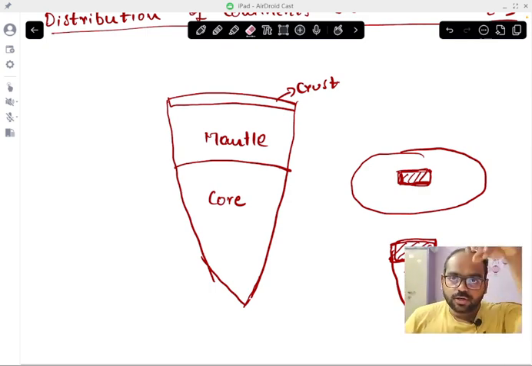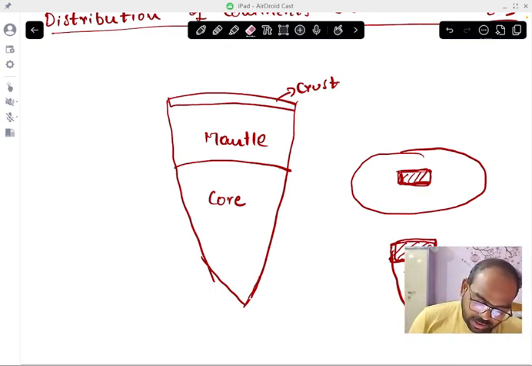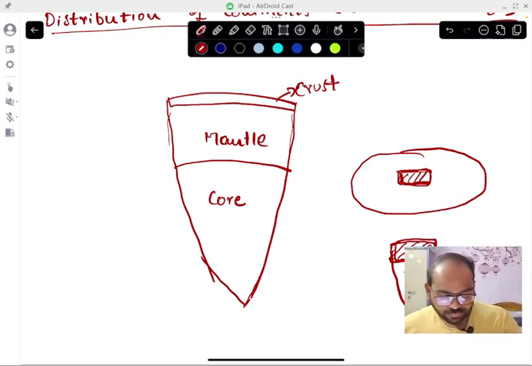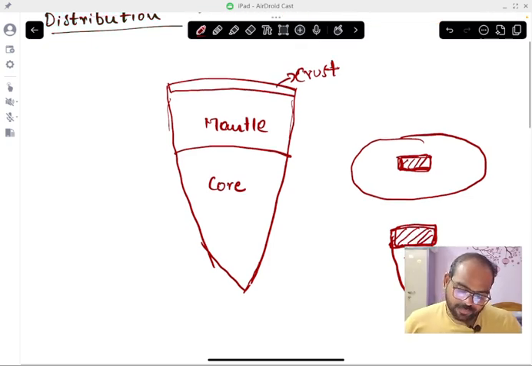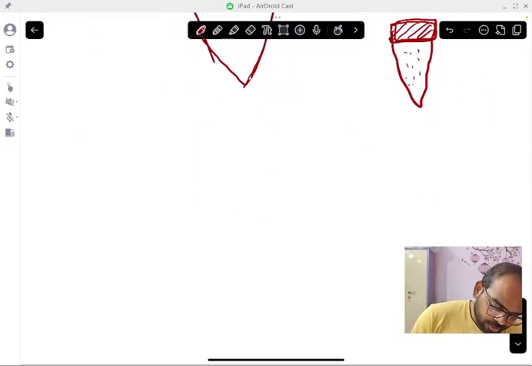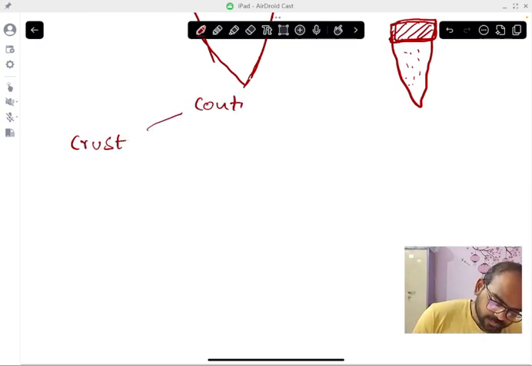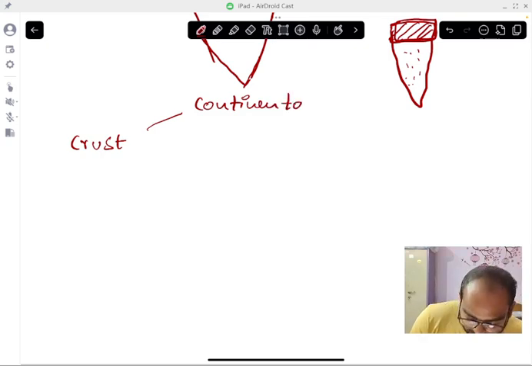If you take a cross section like that, you have uppermost crust part, and below this the fruit part, which is divided into two: mantle, and at the center there is core. Now crust is divided into two parts: continental and oceanic.